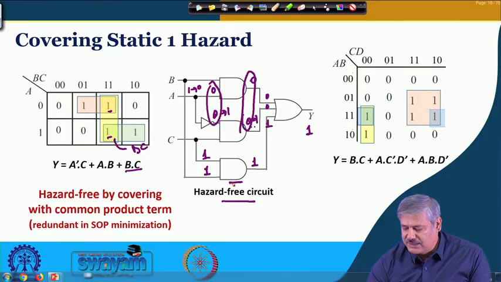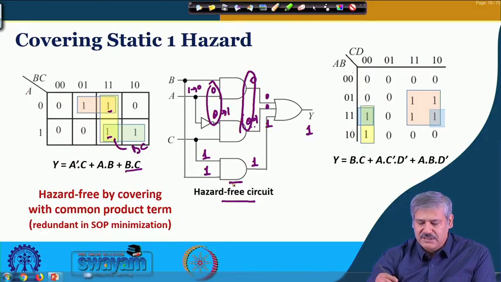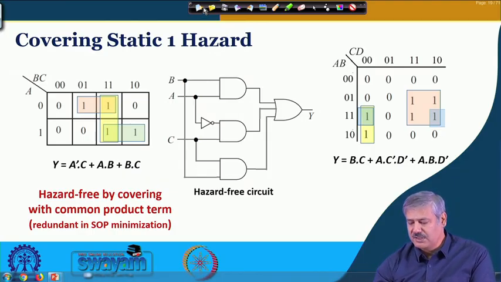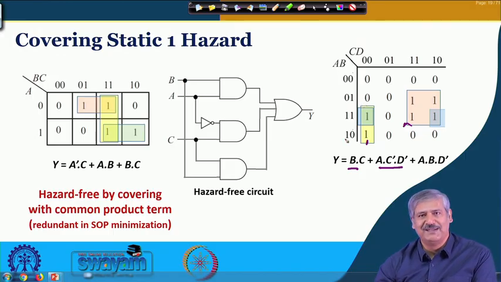Finally, we look at the other example we had discussed before. So this was the circuit, and these were the two terms. This was one term, and this is another term, BC and A C prime D prime, right? And this is the so-called redundant term, right? But this generates a product term which is common across logically adjacent ones, which would otherwise not be connected.